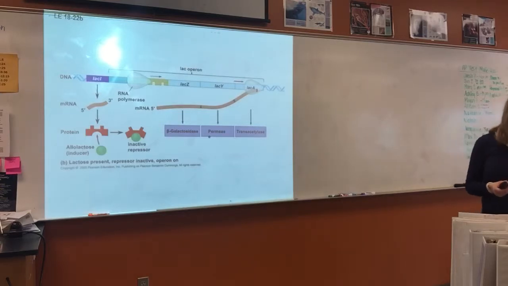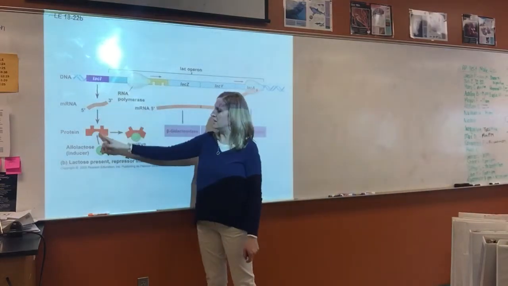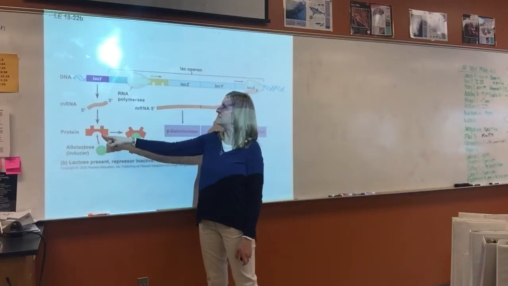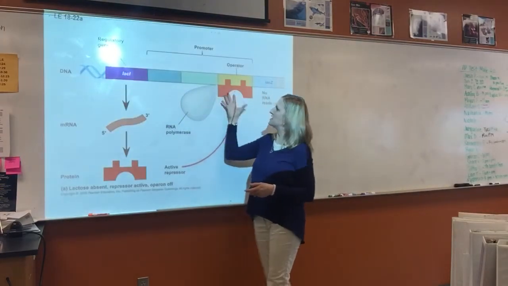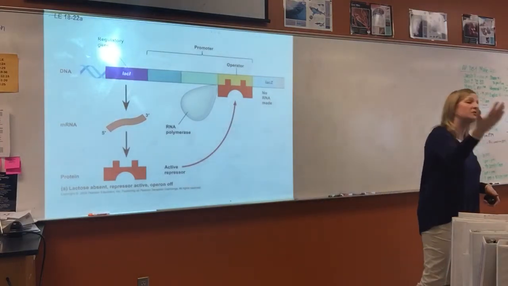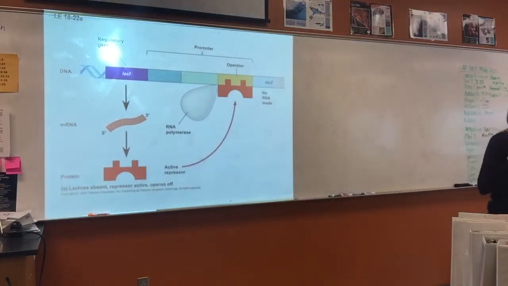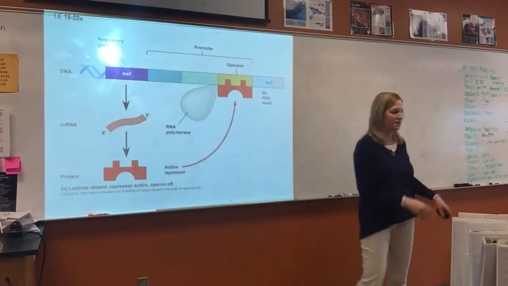Then I asked you, is the operon inducible or repressible? Since the repressor is made in the active form, these genes are normally off. That means this is an inducible operon, they're able to be turned on or induced. And the repressor for the next question is made in the active form, that's why it's inducible.